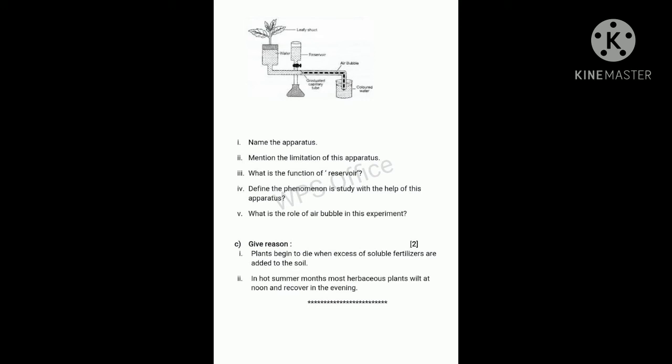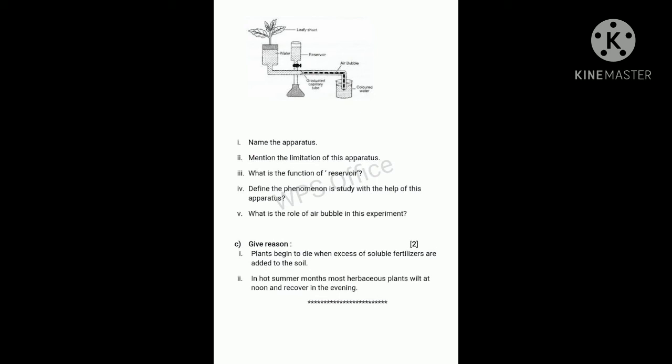Next, what is the role of the air bubble in this experiment? The air bubble measures the rate of transpiration. Most of the students have written water intake. That's also correct, but you have to write that it helps to measure the rate of transpiration.